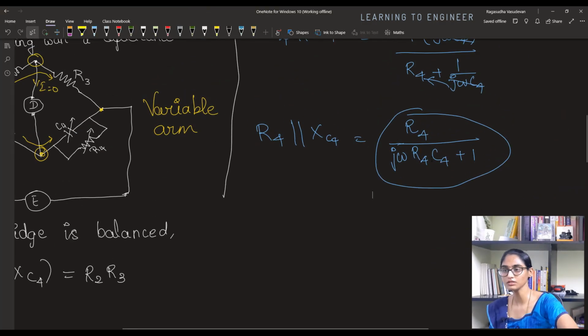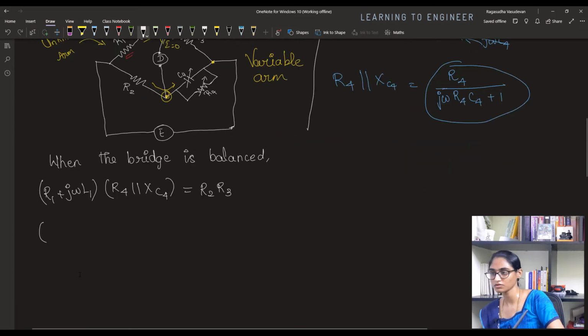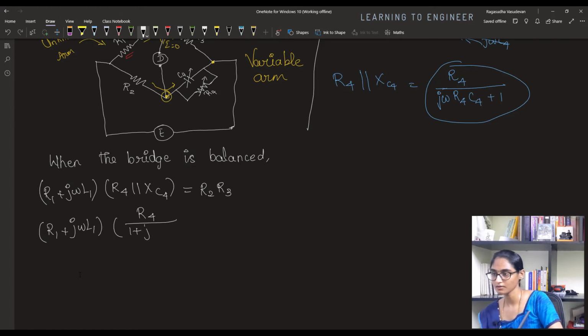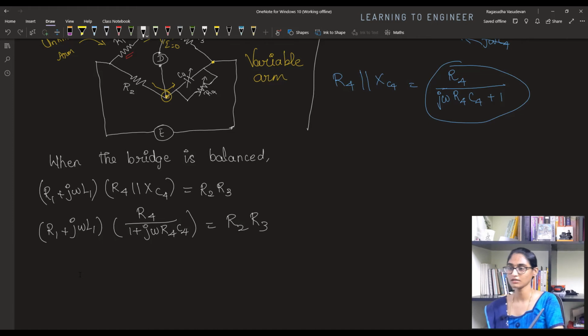So let's substitute this value over here. On substituting, you get R1 plus j omega L1 into R4 divided by 1 plus j omega R4 C4, which is equal to R2 into R3. The equation becomes easy for us if we cross multiply.